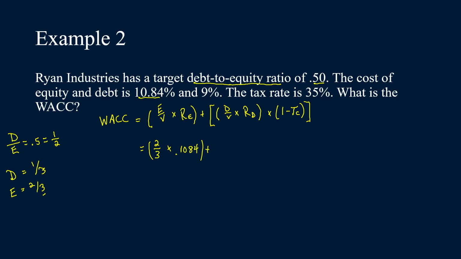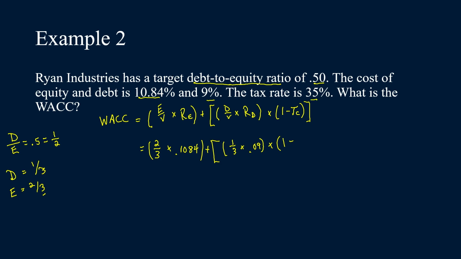We're going to add that to our debt over our value, which is going to be 1/3, times our cost of debt, which is 9%. And we're going to multiply that by 1 minus the tax rate.